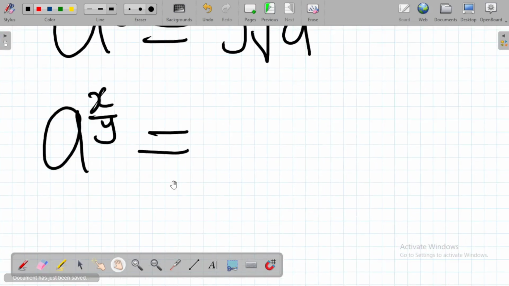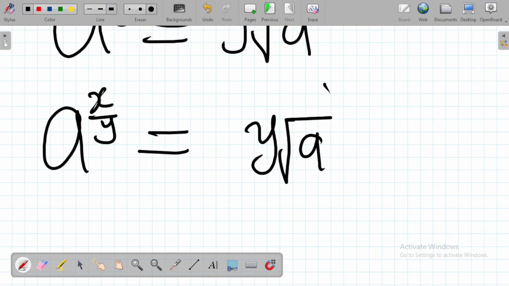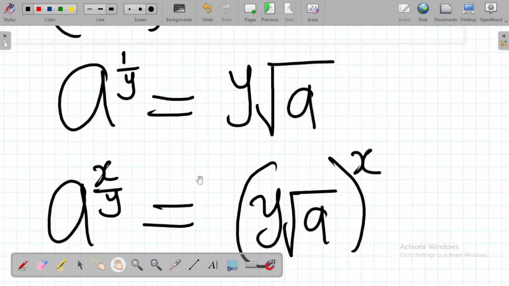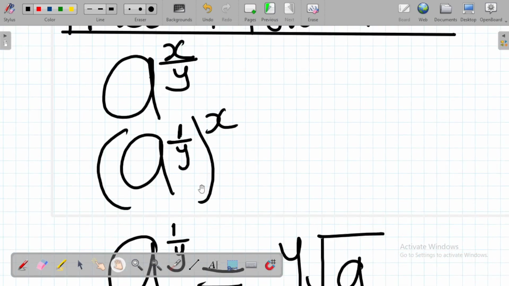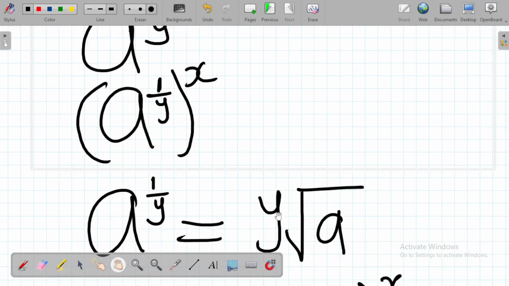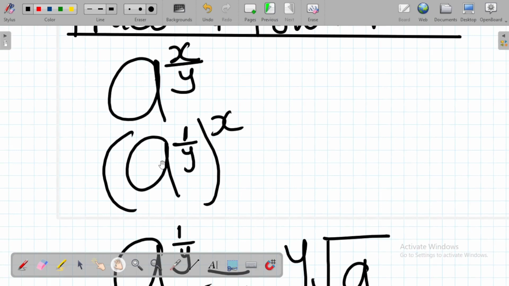So it becomes the y-th root of a, all raised to power x. Remember that we substituted the y-th root of a for a raised to power 1 all over y.